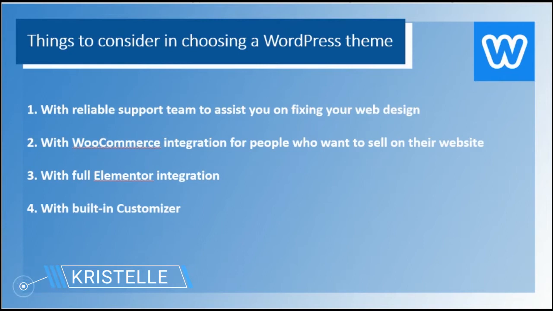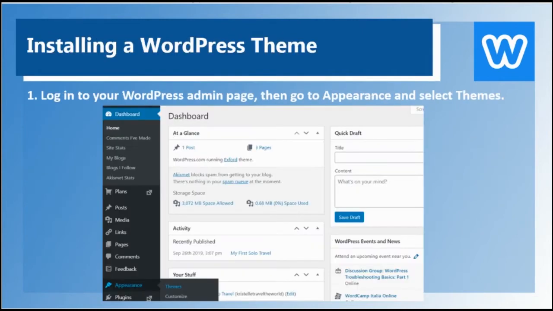Thanks to Elementor's drag and drop interface, you can easily add elements to your pages and posts to create any type of layout. Lastly, choose a WordPress theme with built-in customizer. With built-in customizer, you can easily tweak colors, fonts, backgrounds, and more.